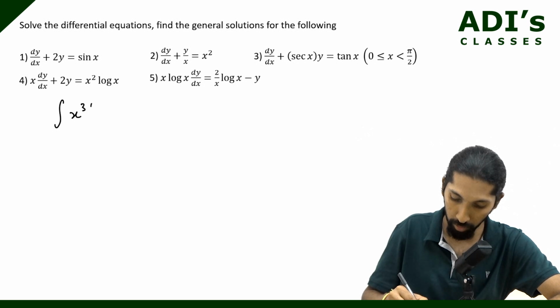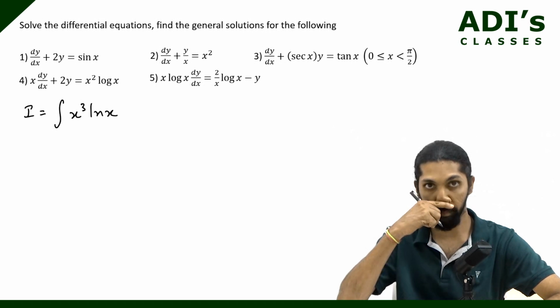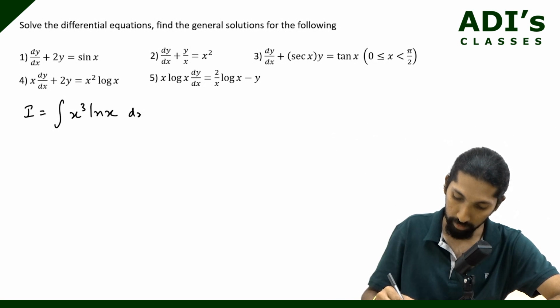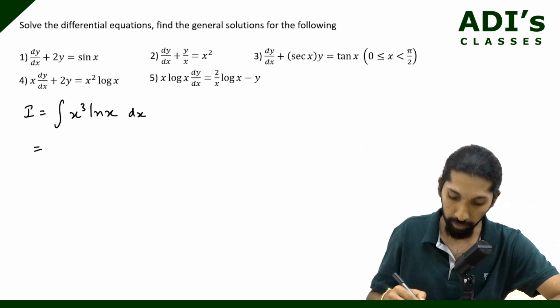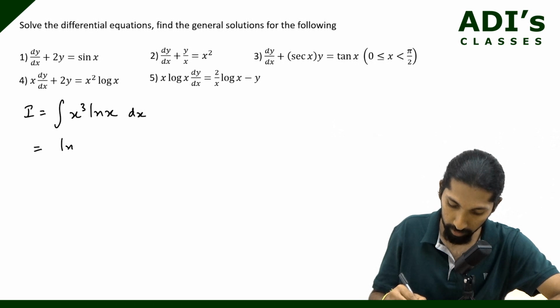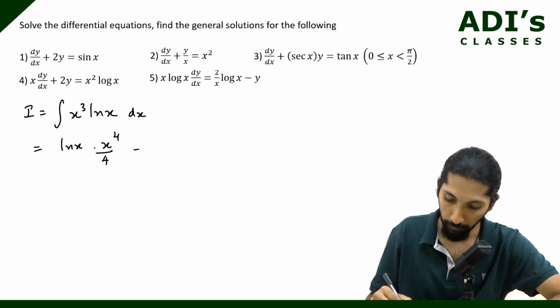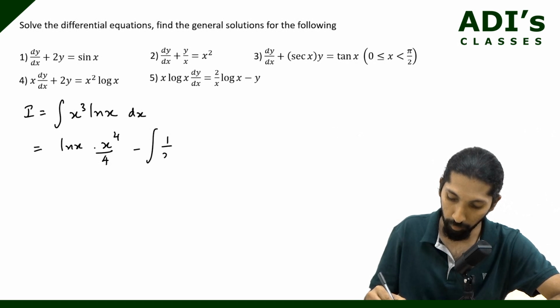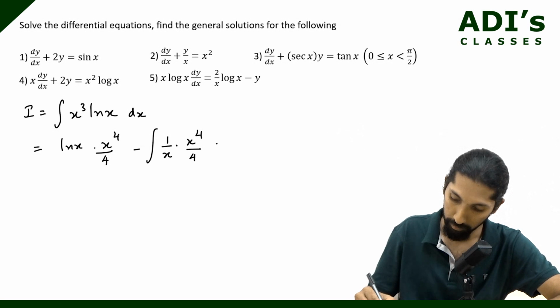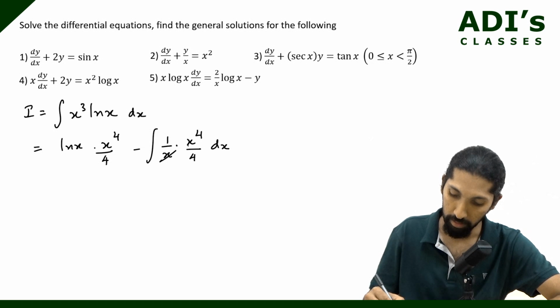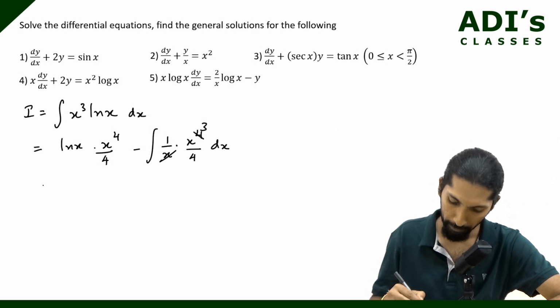Integration of x cube into log of x, call this as I, dx. So first, u is log of x, into x power 4 by 4, minus integral of 1 by x into x power 4 by 4 dx. Very simple. Cancel this one, you'll get x cube, right? Very simple.